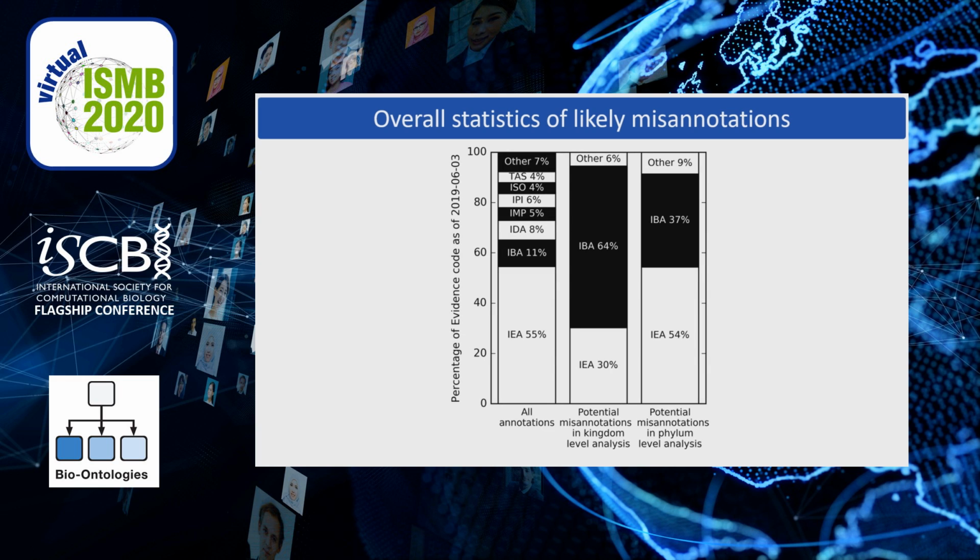Although IEA is the most commonly used evidence among all annotations in UniProt in the first column, for the subset of incorrect annotations in columns 2 to 3, the most common annotation method is IBA, or inferred from biological ancestor, which is expert review prediction based on phylogeny analysis.